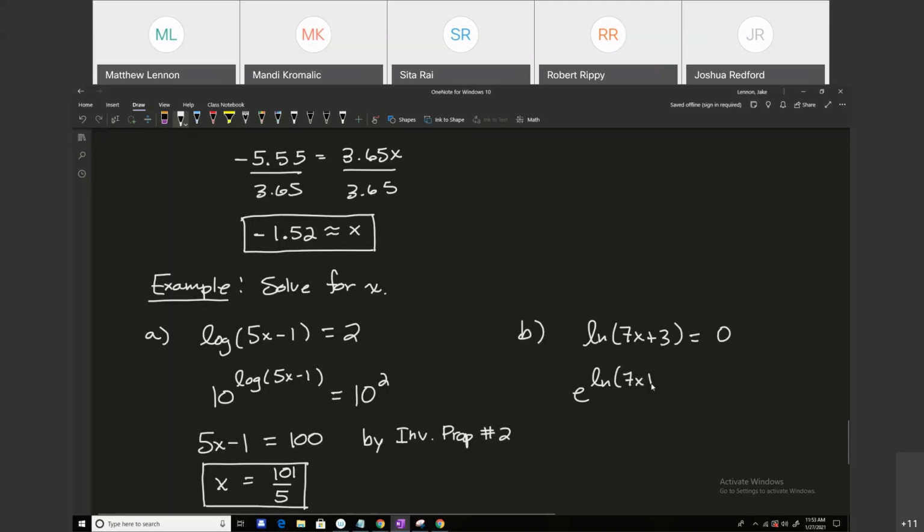So e to the 7x plus 3 is equal to e to the 0. The left side just cancels by that same property, and e to the 0 is just 1. And then we can solve this by subtracting 3 and dividing by 7. 1 minus 3 is -2. So this will be -2 over 7.